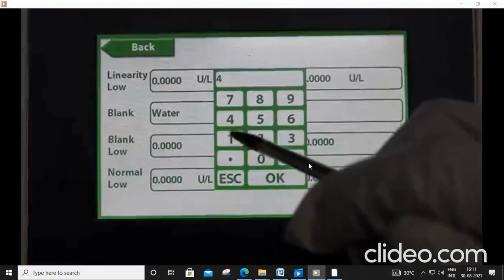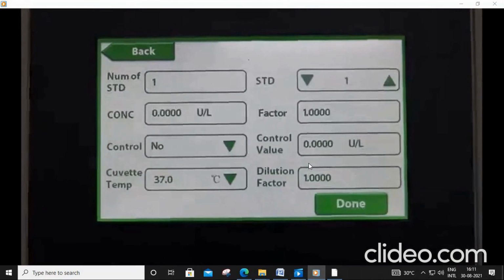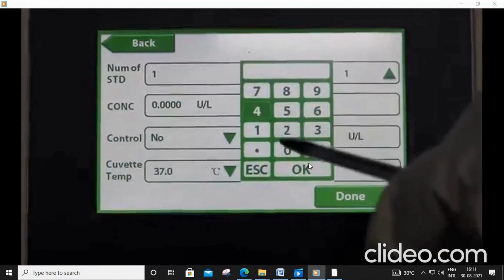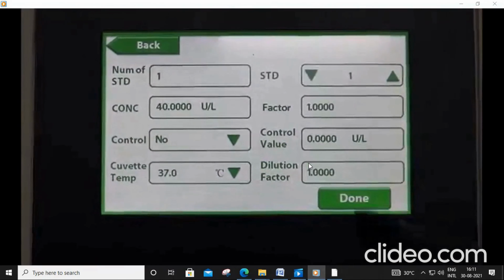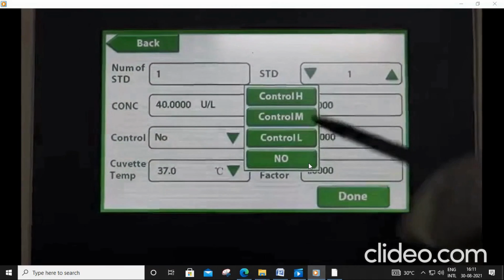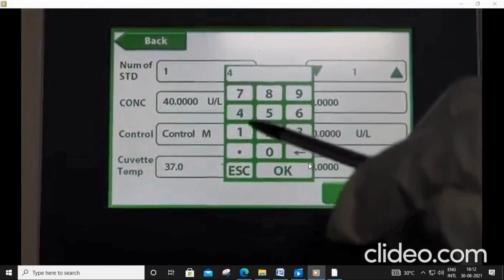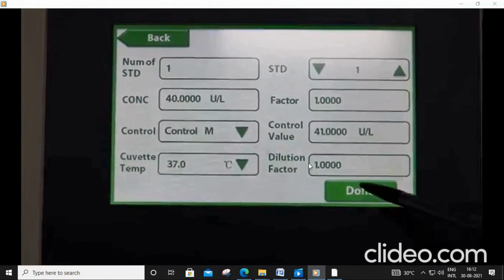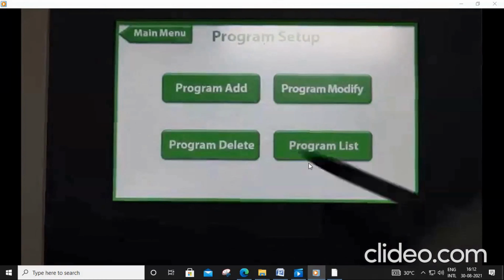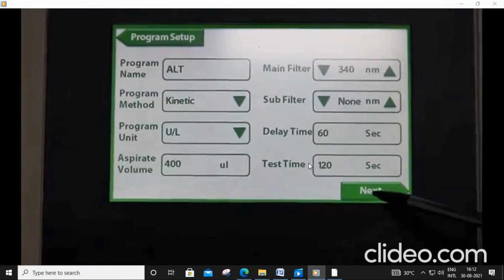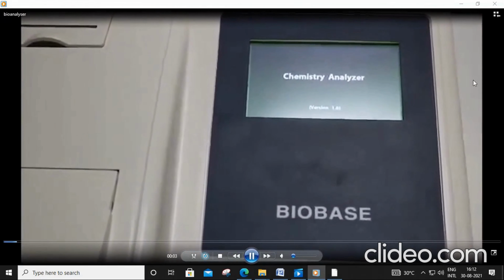And once we finish with all this setup, we can directly take that observation, and that absorbance can be printed on the paper which has already been uploaded over there. We can modify the test, we can modify these programs according to our need.